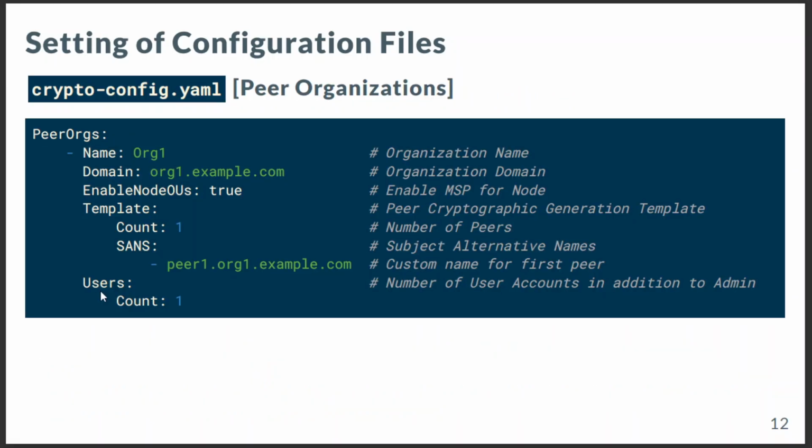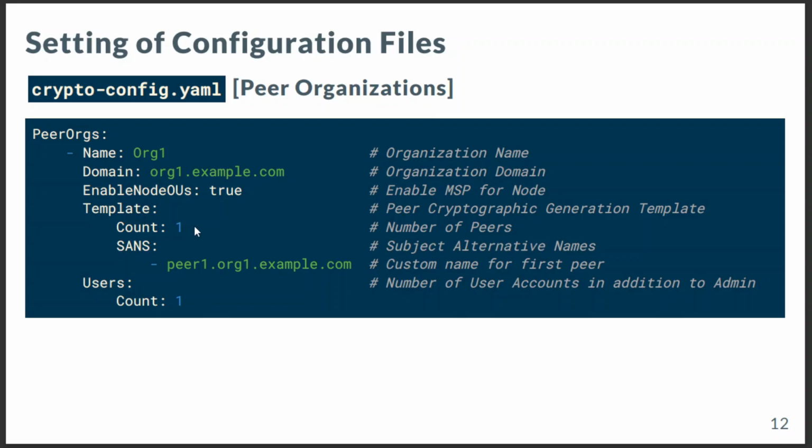Starting with crypto config. This is the crypto config for a peer organization. Under peer orgs, the first item is org1. We set the name, the domain name, and enable node OUs to enable the MSP, membership service provider, service. Then the template. The template mentions how many peers we are going to have in the network. Sorry, users are mentioned later.